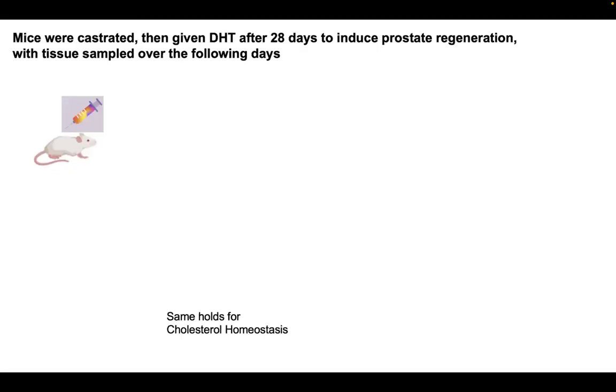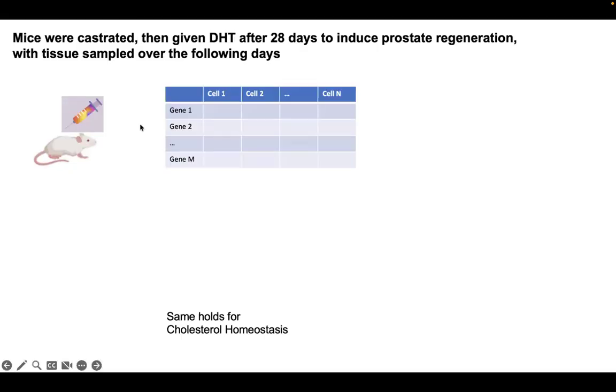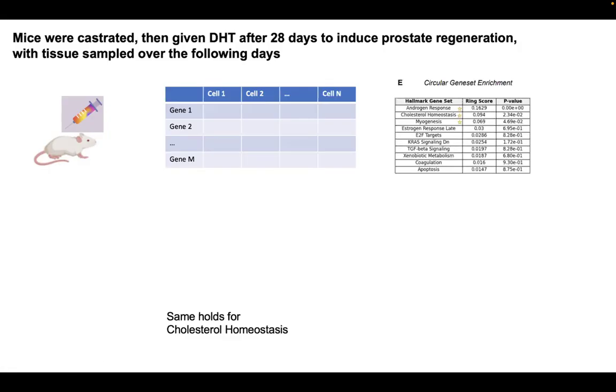Lastly, they studied a data set from mice. The mice were castrated and given HDF at 28 days to induce prostate regeneration, with tissue sampled over the following days. In this case, we also get single cell RNA sequence data, and we have a collection of 50 interesting gene sets.